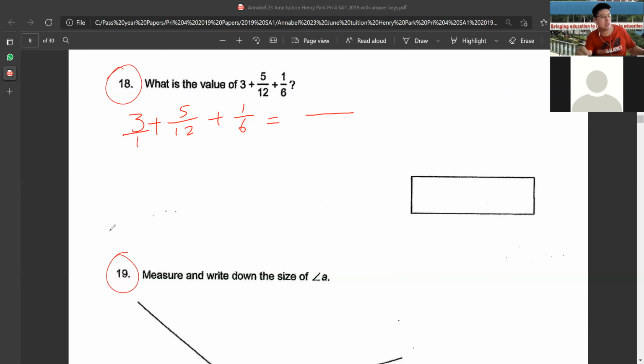Lowest common multiple. 6. 1, 6, and 12, lowest common multiple. No, lowest common multiple.